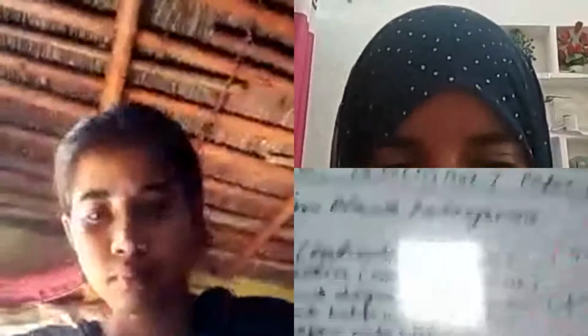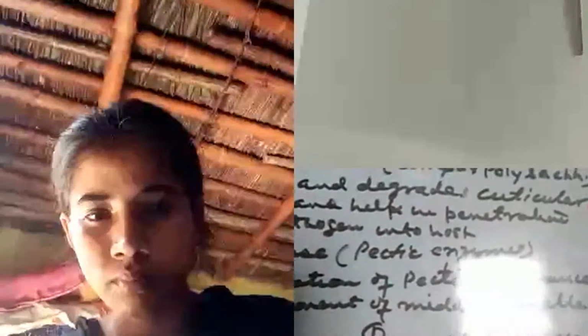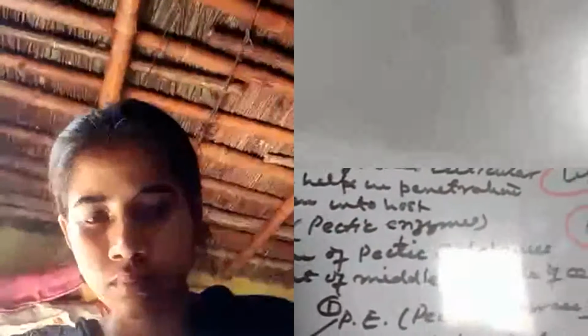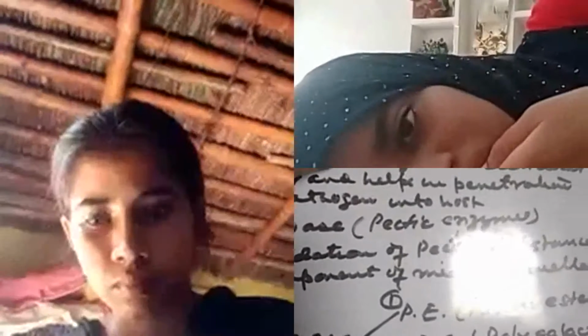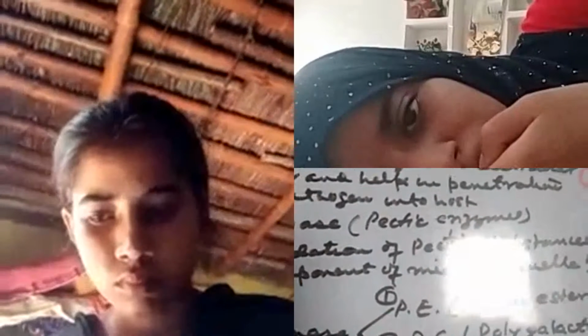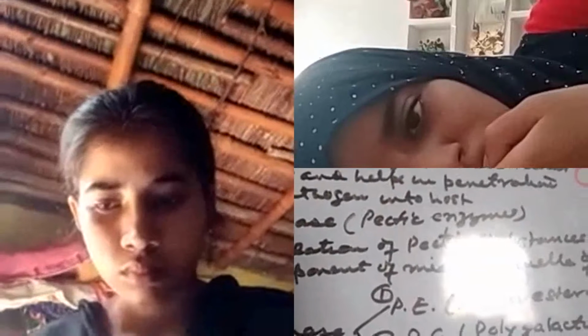Now look at the action of these enzymes. Let us see the first, cutinase, or cuticular enzyme. This cutinase acts on cutin. What is cutin? Cutin is a complex polysaccharide. And what does this cutinase do?